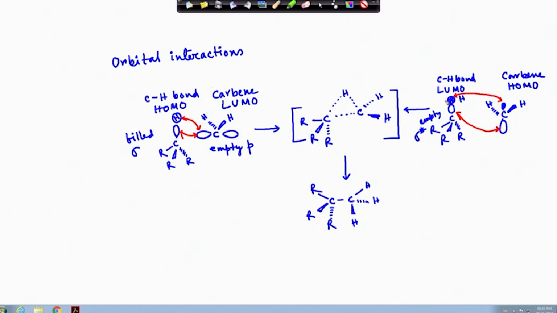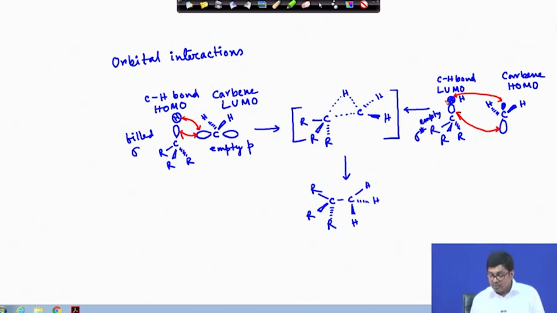So, either you consider the carbon hydrogen bond HOMO and the carbene LUMO, or the carbon hydrogen bond LUMO and the carbene HOMO, in both cases this will give you bonding interactions. Here it is the empty sigma star and this one is the filled sp2. So these are the orbital interactions that show how the singlet carbene can be inserted into a carbon hydrogen bond.